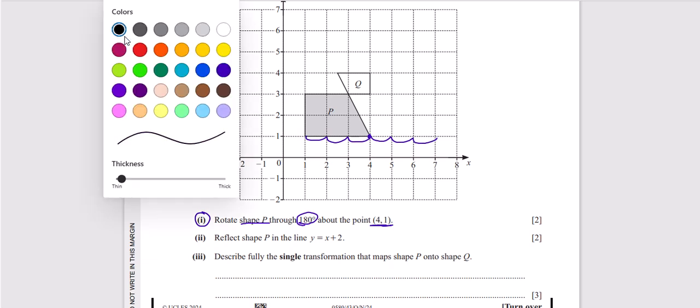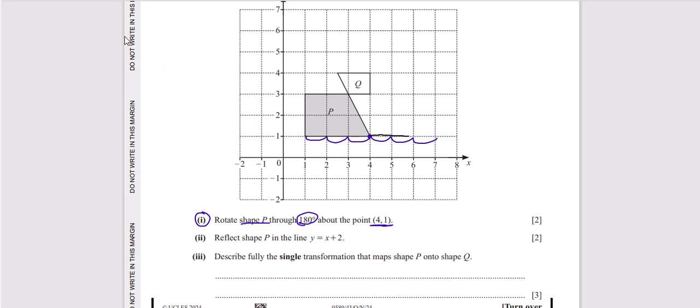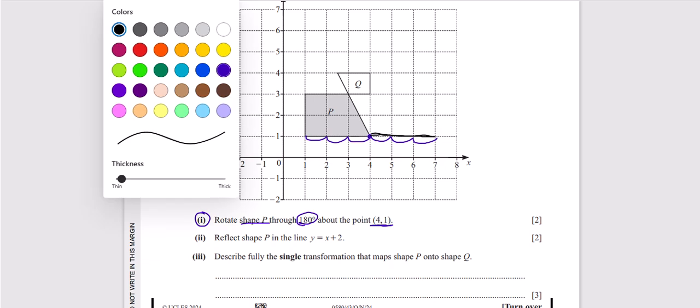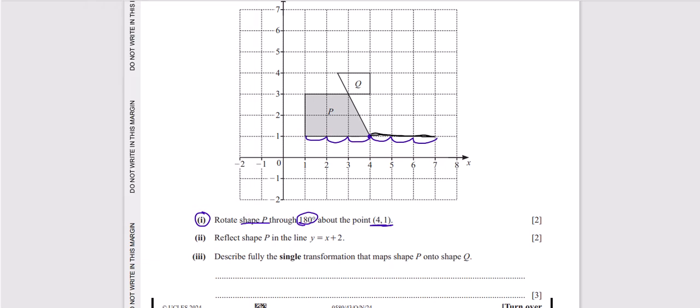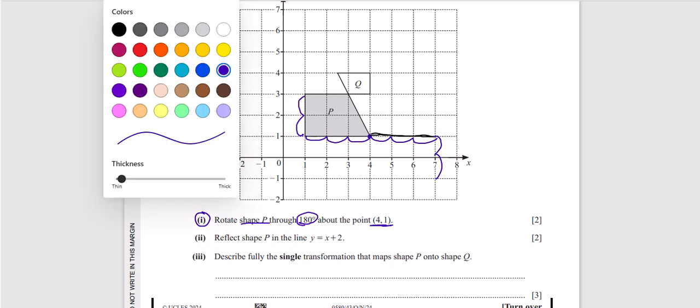So draw a line like this. Okay, and now here is 1, 2. This is upward, and now we have to draw downward, 1, 2, like this.